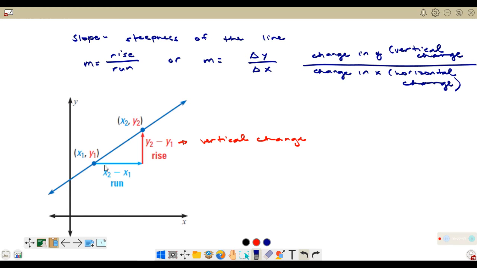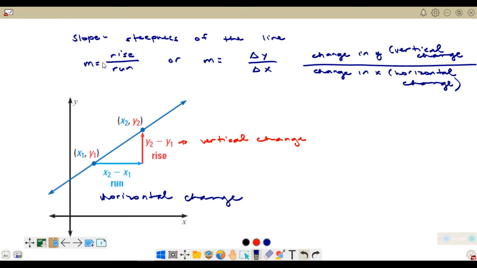Now, for the run, ito naman ay to the left or to the right. Horizontal, pahiga yung line. So, this is the horizontal change or the run. So, ilang units yung ipinunta niya sa kaliwa or ilang units yung ipinunta niya sa kanan.